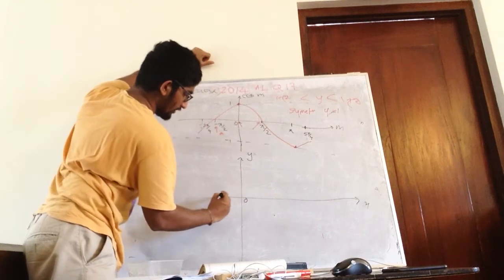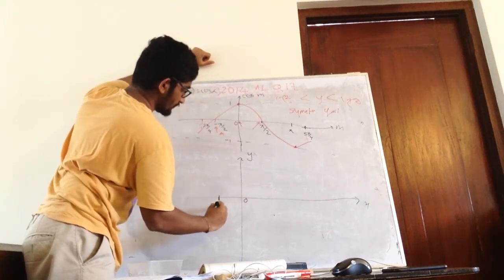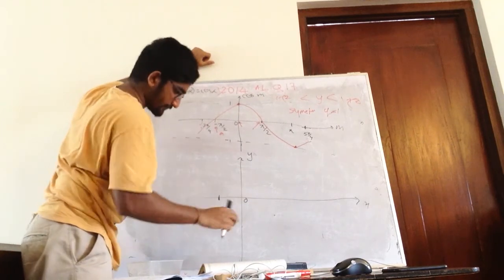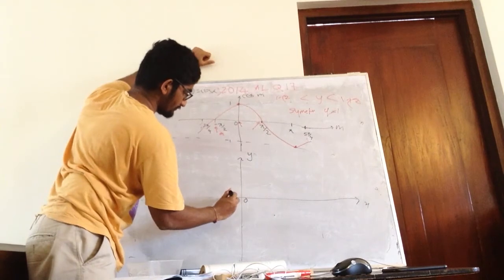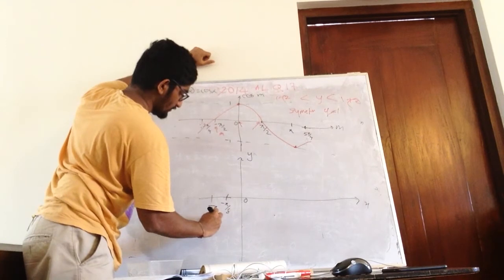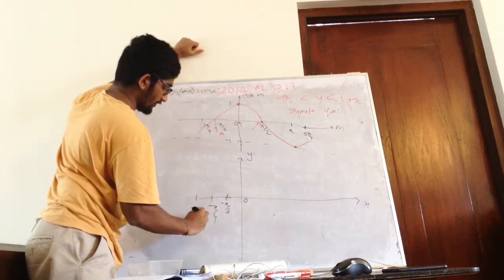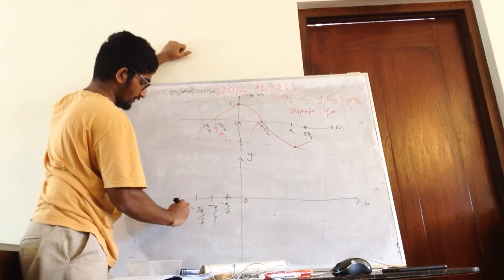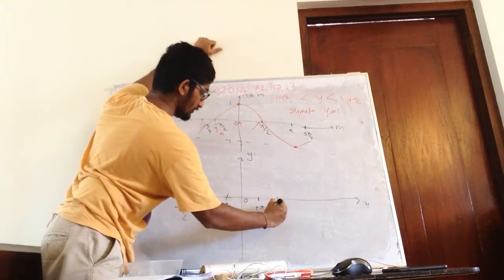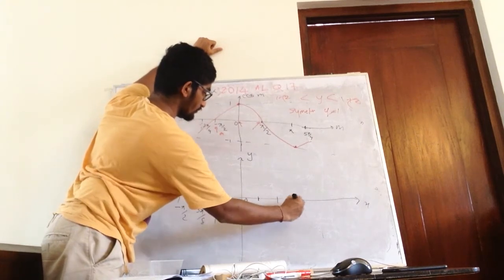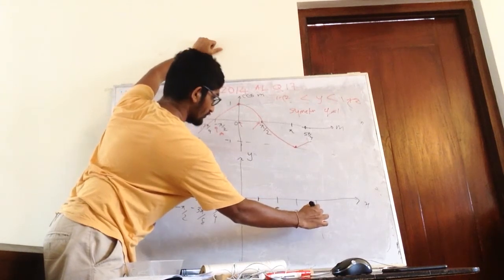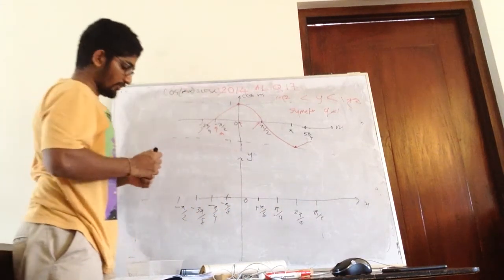So I'm going to draw in terms of minus 5 over 8, minus 5 over 4, minus 3 5 over 8, minus 5 over 2. Here also plus 5 over 8, 5 over 4, 3 5 over 8, 5 over 2. Right, so that is done.